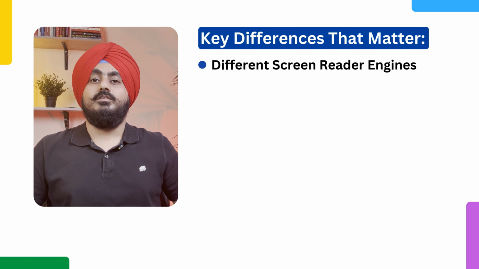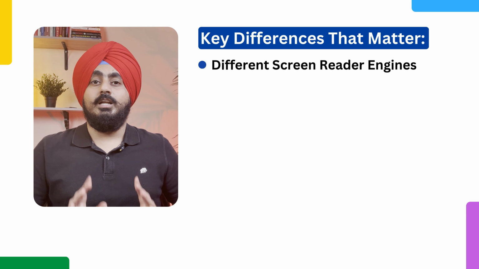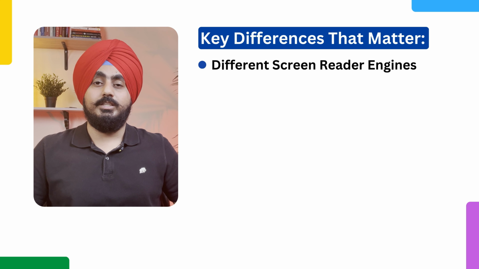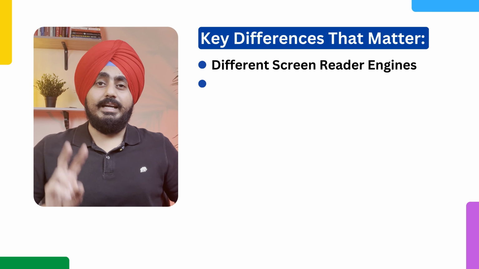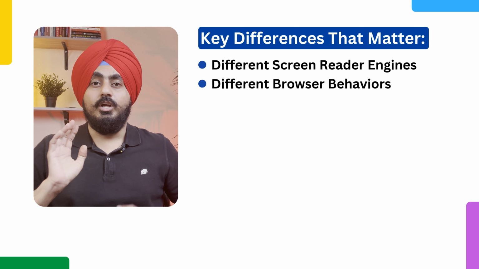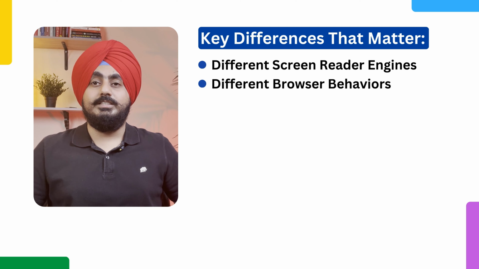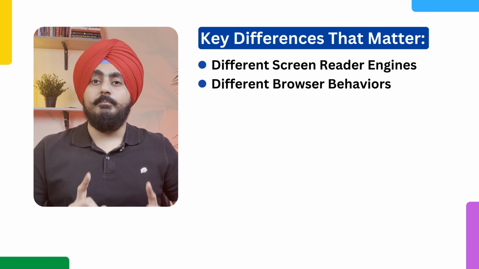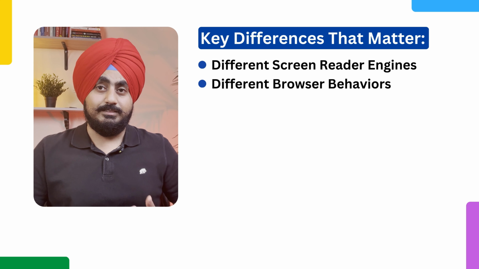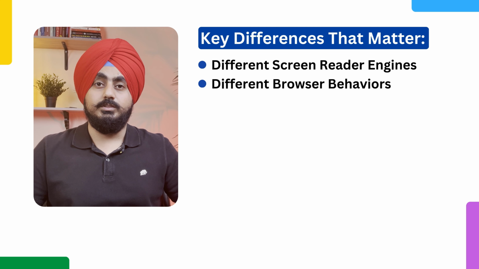VoiceOver, for instance, uses WebKit accessibility APIs, while JAWS relies on Microsoft UI Automation, depending upon the browser and operating system. Second, different browser behavior. Chrome on Windows and Safari on macOS render HTML and ARIA roles differently. Safari may behave differently with elements like custom buttons, modals, or aria-labelledby attributes.